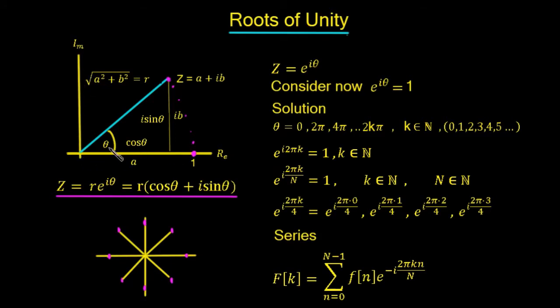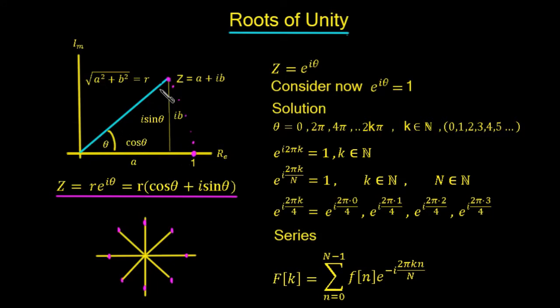We've got the real and the imaginary part of the complex plane, and we know that we can represent a phasor. This is a phasor here, and the point in pink there is the actual complex number, a plus iB, and we know we can represent that in terms of a complex exponential.